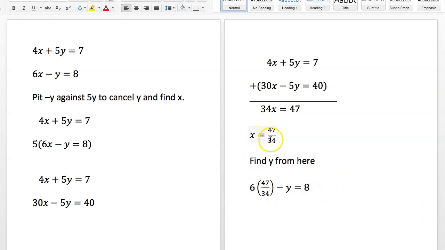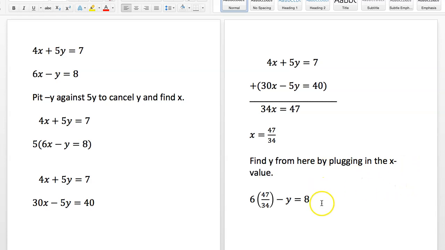And then we find y from here by plugging in the x value. Okay, so I'll plug in the x value, and I get that.